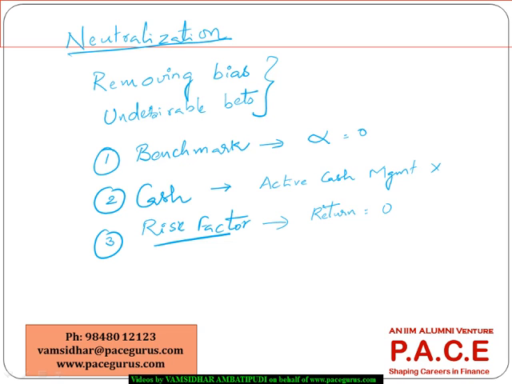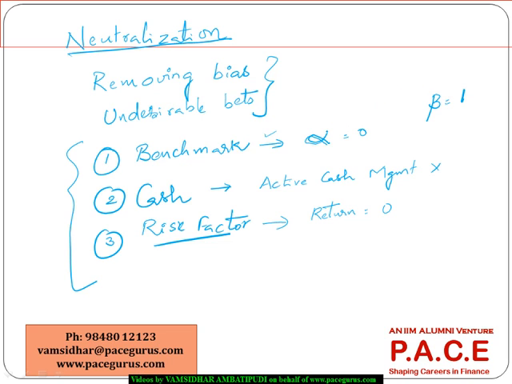Whatever the mechanism of neutralization, it should be specified at the beginning of the process itself. When I say benchmark based neutralization, it is as good as saying the alpha of that is 0, which means the beta of that position is more or less equal to 1.